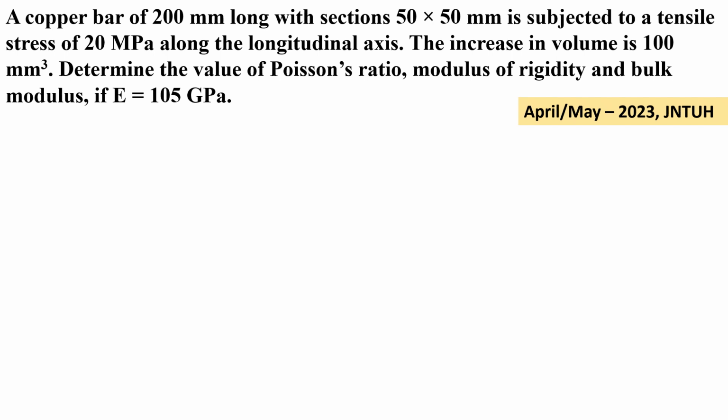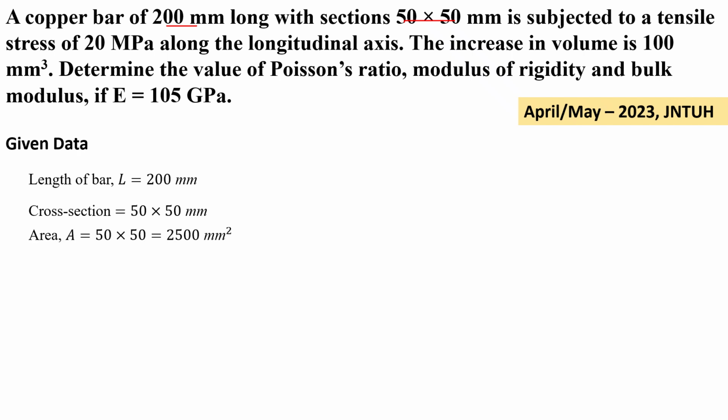This problem was given in April 2023 by JNTUH Hyderabad. Let's see the solution. First I have to write down the given data. The length of the bar, let's consider capital L equal to 200 mm, and the cross section is 50 by 50 mm.